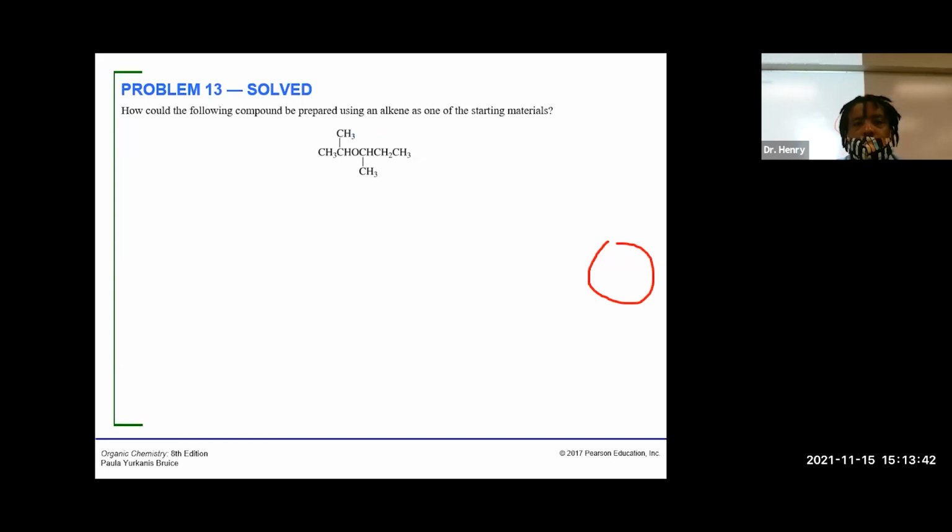Okay, so how could the following compound be prepared using an alkene as a starting material?